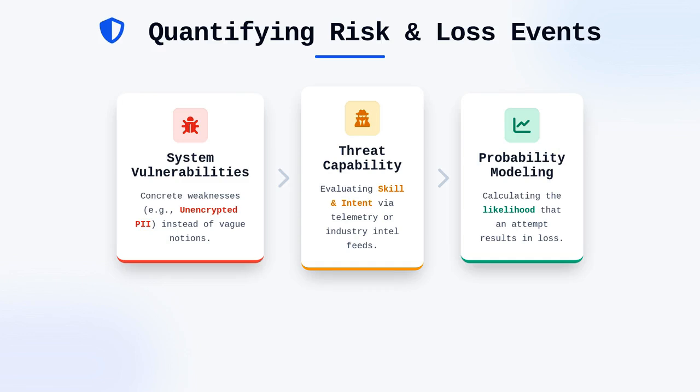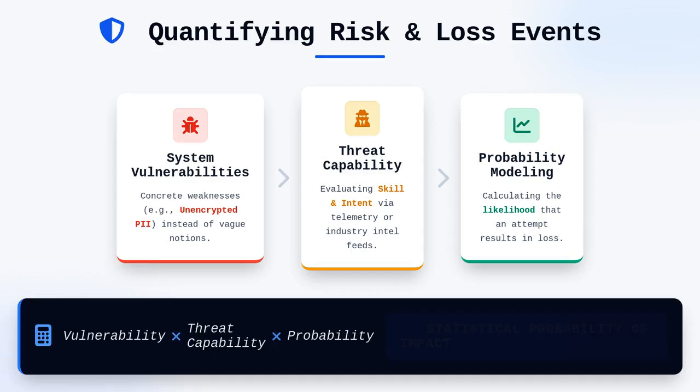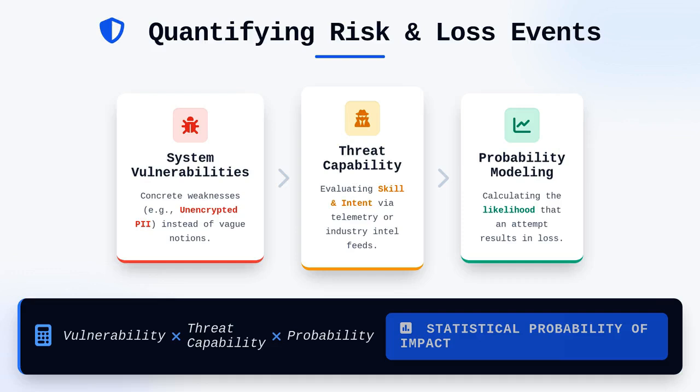We calculate threat capability by evaluating historical incident data, or, in the absence of internal telemetry, industry-standard threat intelligence feeds. The vulnerability of the system is then modeled as the probability that a threat attempt results in a loss event. When you multiply these variables, you move from mere speculation toward a legitimate statistical probability of impact.